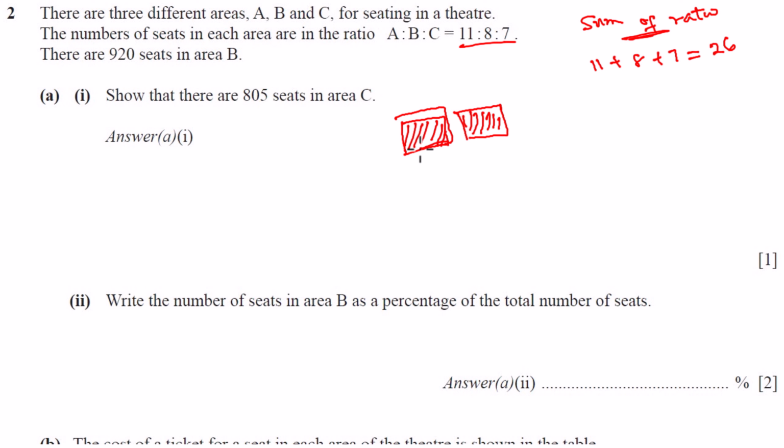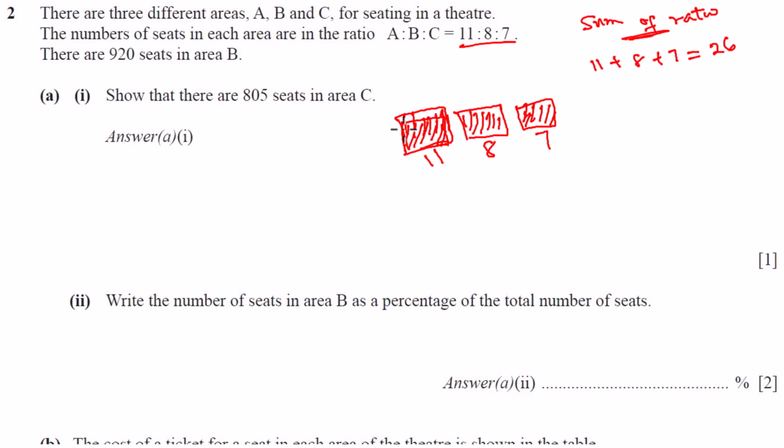This doesn't really matter. It's just a pictorial representation of what is happening. And then for C, which is the smallest sitting area, we have 11, 8, and 7.